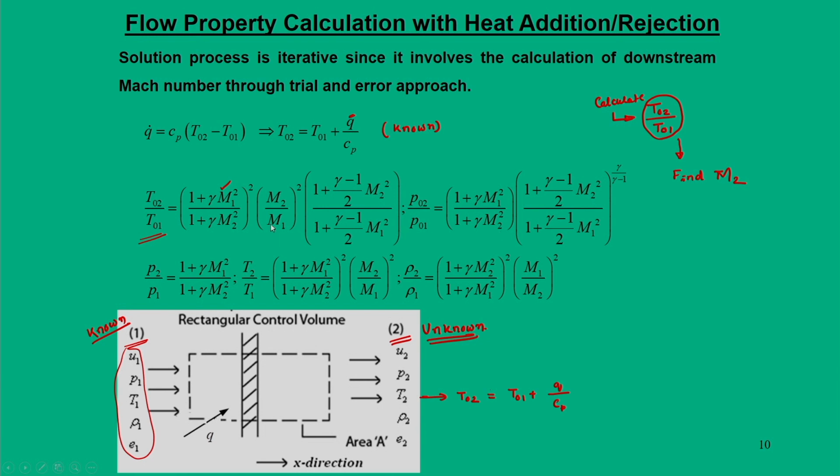This is how the iterative approach is involved to calculate Mach number M 2. Now we know M 1, we also know M 2. Then all other parameters can be calculated from this process. But the entire calculation involves a trial and error process for the calculation of Mach number.